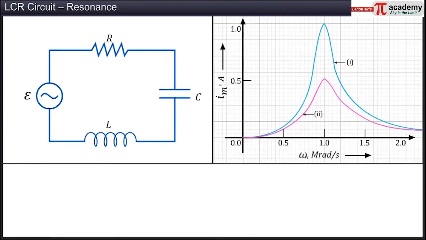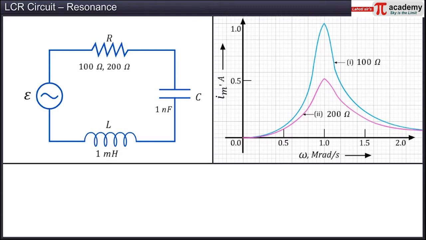Here is a sample graph for the amplitude of current Im versus angular frequency omega, plotted for the values L equal to 1 millihenry, C equal to 1 nanofarad of an LCR circuit with two different values of resistance R. The first plot is for the value R equal to 100 ohm, and the second one for R equal to 200 ohm.